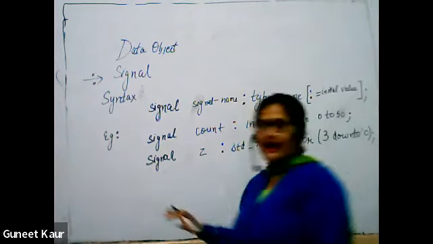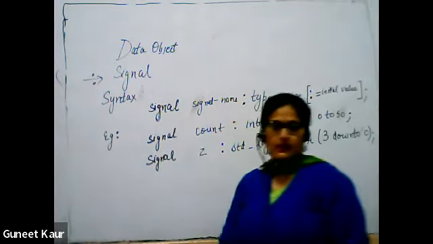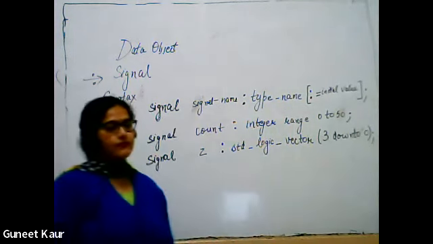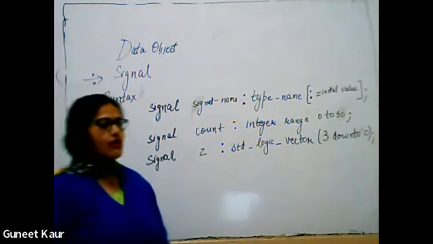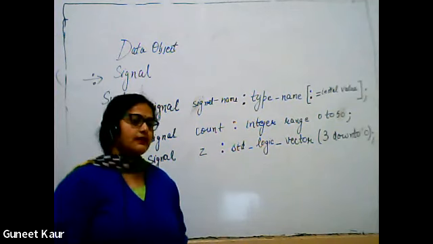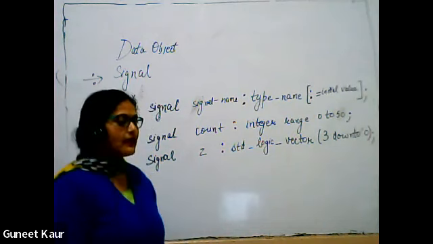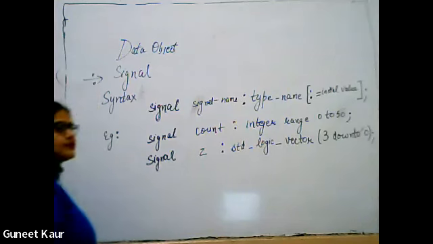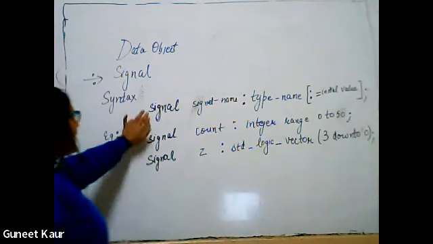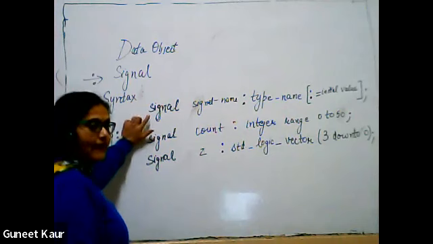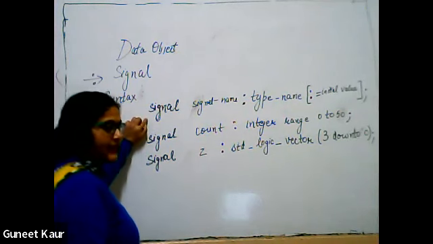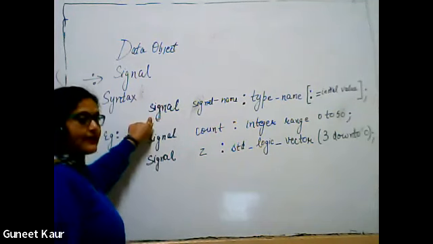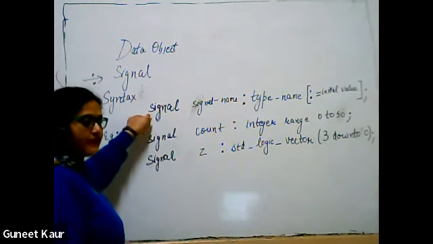So firstly, I have written the syntax used for the signal object. Then two examples are written for the signal data object. Firstly, I will explain the syntax. As you can see, I write the class of the data object first, signal, used as a reserved keyword.